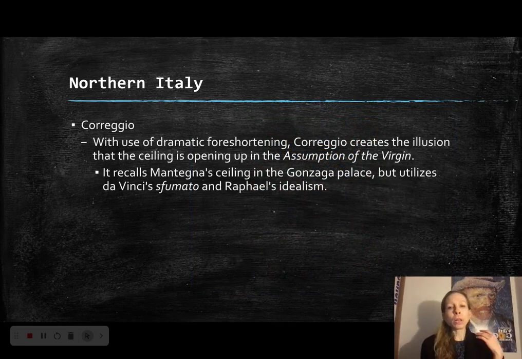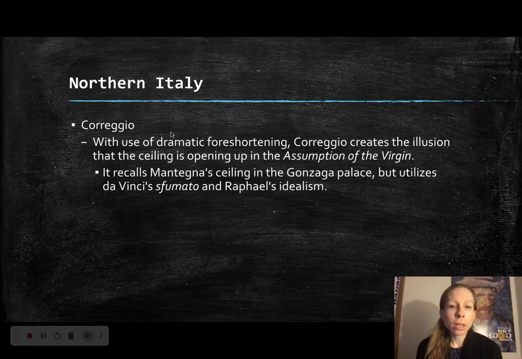And also Correggio, with his use of dramatic foreshortening. Correggio creates the illusion that the ceiling is opening up with the Assumption of the Virgin, and it recalls Mantegna's ceiling in the Gonzaga Palace, but utilizes Da Vinci's sfumato and Raphael's idealism.